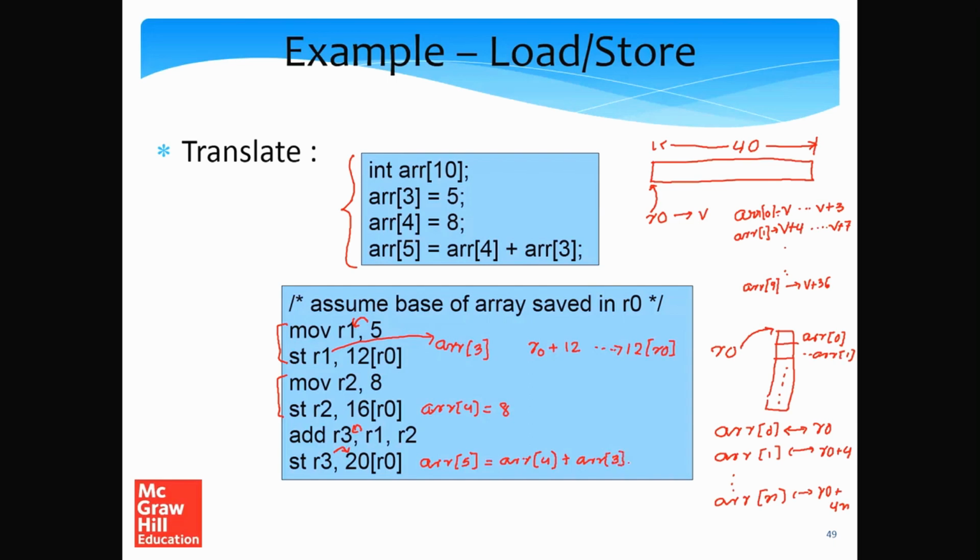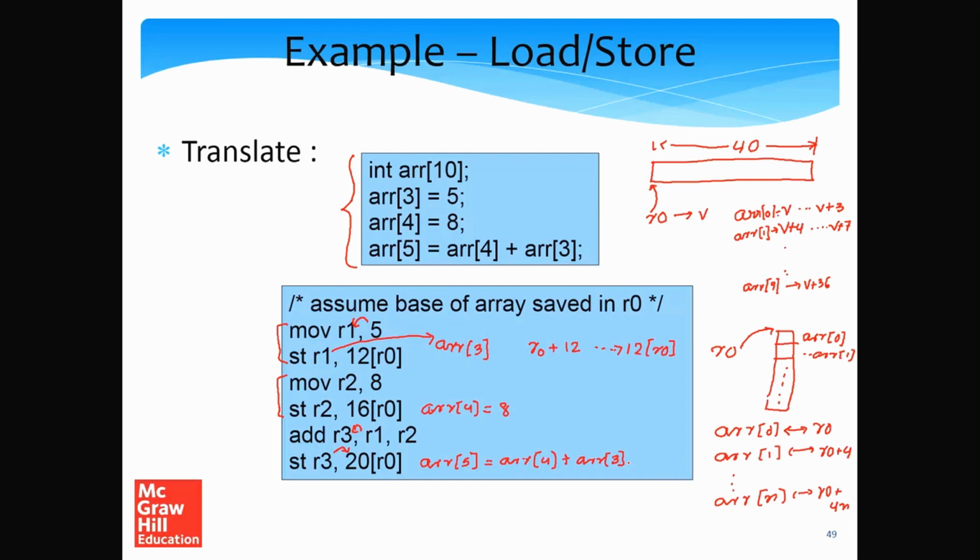So by this time, the advantage of using a base offset addressing mode should be clear: it allows us to implement arrays. We can save the base address of an array, and then use the offset to access different elements of the array. We always need to be mindful of the size of an element.